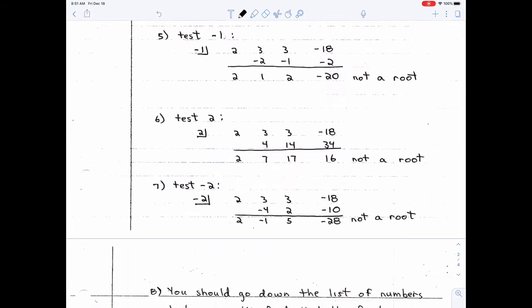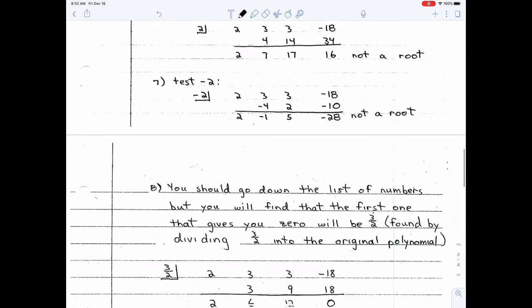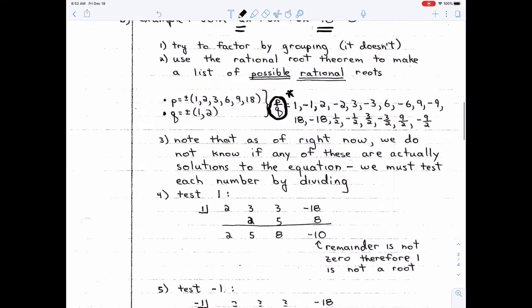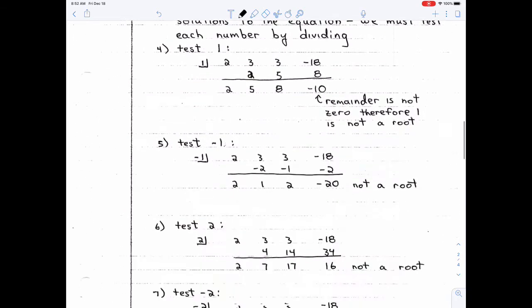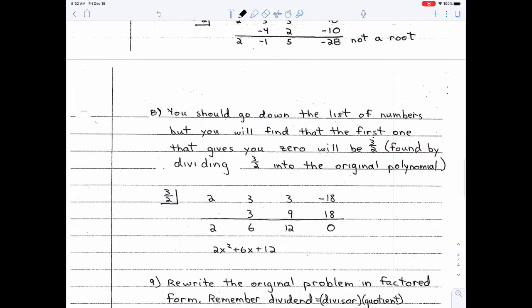I test -2. That does not. I'm not going to keep going down the list, but you go through 1, -1, 2, -2, 3, -3, 6, -6, 9, -9, et cetera, 18, -18, 1/2, -1/2, 3 halves. It's not until you hit 3 halves that you get a remainder of 0.